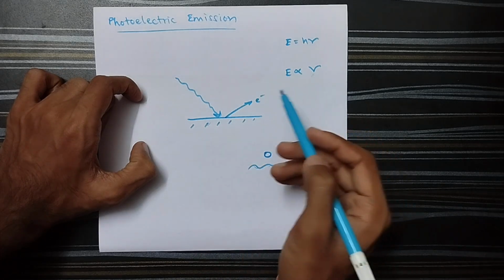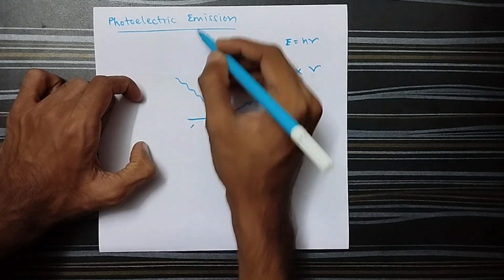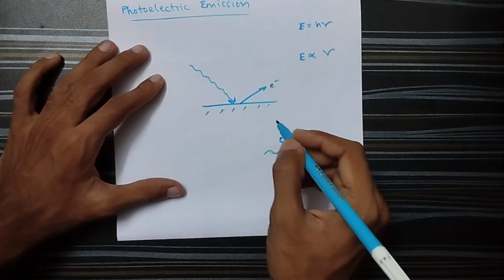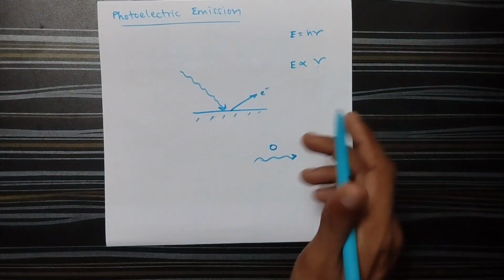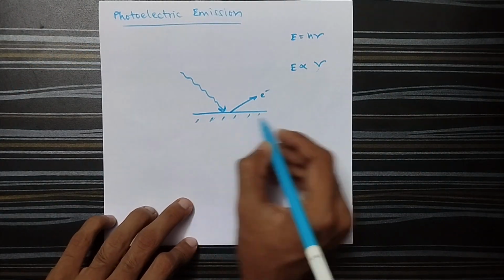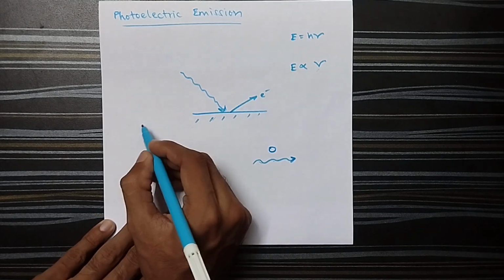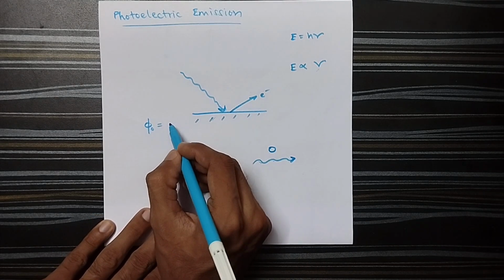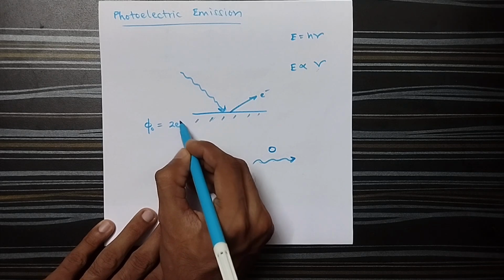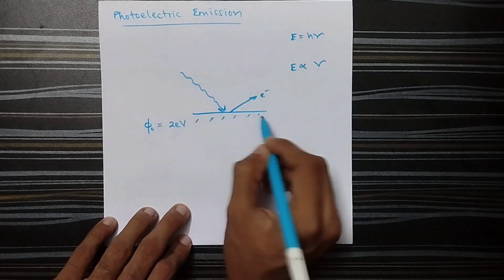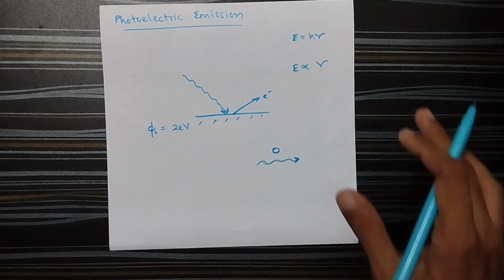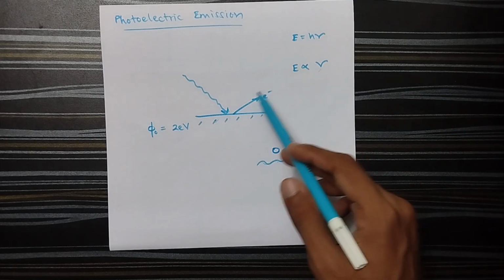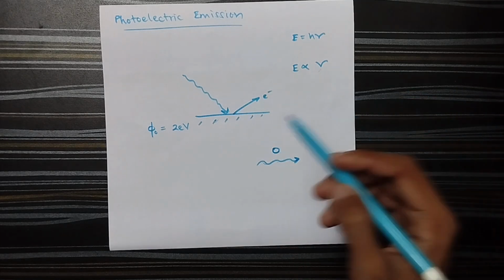Since frequency and energy are directly proportional, the more the frequency, the more the energy. So if this surface has a work function, we denote it by phi naught as 2 eV. The work function of this surface is 2 eV. That means that 2 eV is required for an electron to escape the surface of this metal, right?